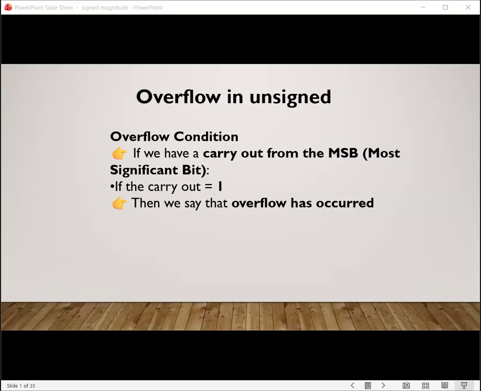Let us consider two numbers. As I told you, in unsigned numbers we have only positive numbers. For example, let's take 7 plus 7.